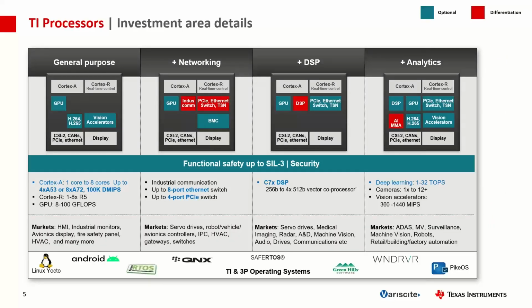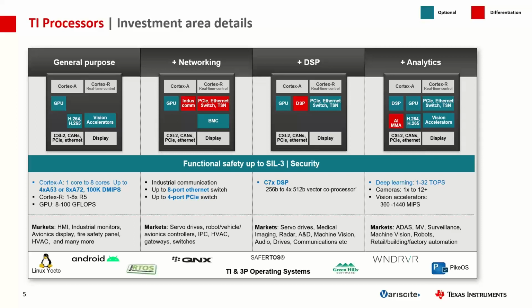So again, the investment areas at a product level, general purpose, which we'll be talking about today. You have your Cortex-A cores, potentially some real-time control, either R5F or M4. And then you have some optional features like GPU, video encode, decode, and vision accelerators.